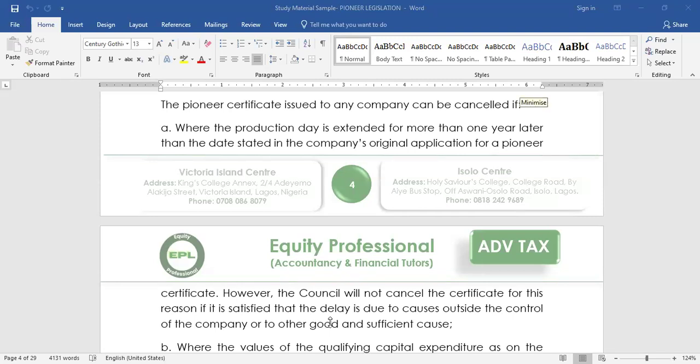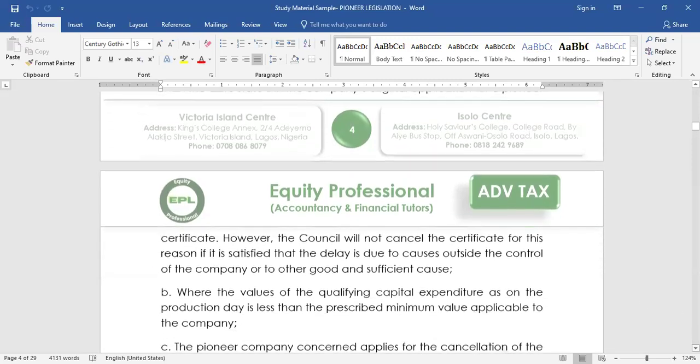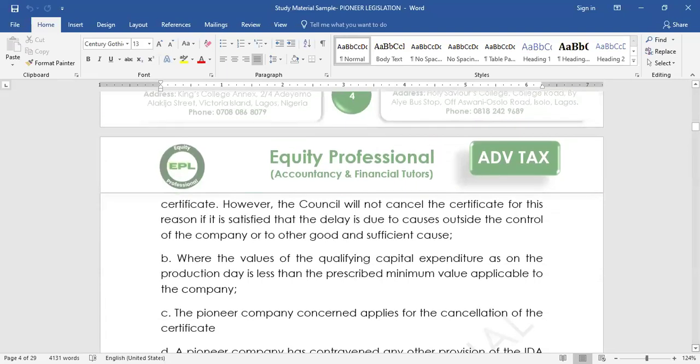Another condition that will lead to cancellation of certificate is when the value of qualified capital expenditure on the production day is less than the prescribed minimum value for the company. What is the prescribed minimum value of qualified capital expenditure a company must have to apply for a pioneer certificate? Who can tell me? He said 100 million.